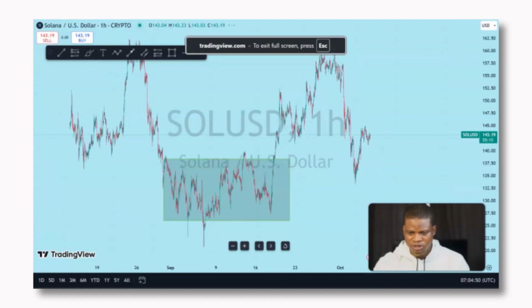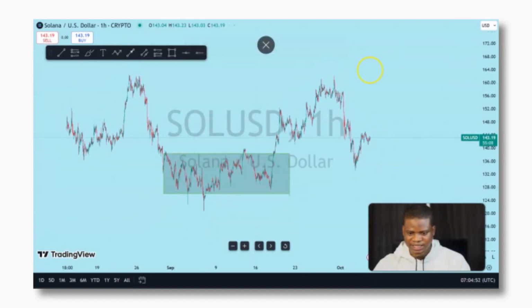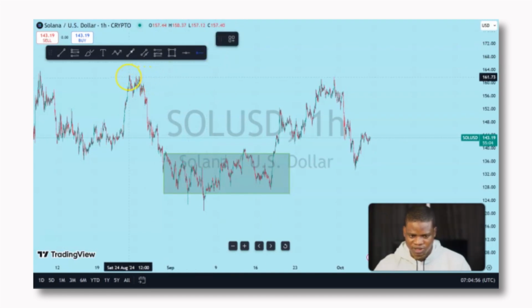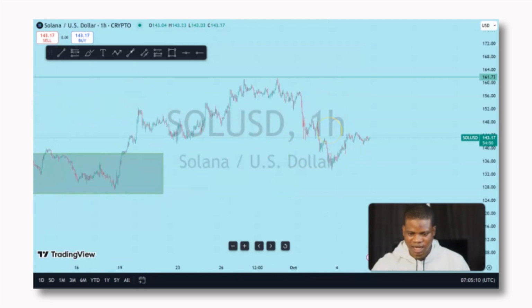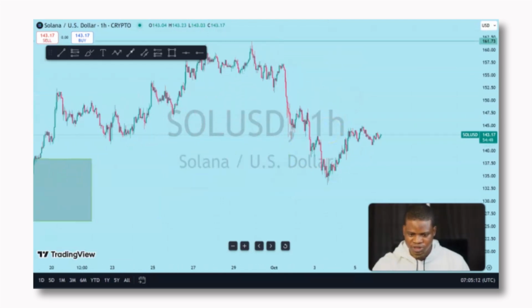Now, when the market started going in an uptrend, there is a reversal at this particular resistance. This is an area of resistance on the chart. And resistance simply means, like I said earlier on, that whenever the market gets to that point, it reverses. Now the market started trending down a little bit.